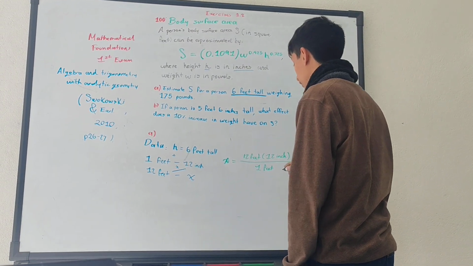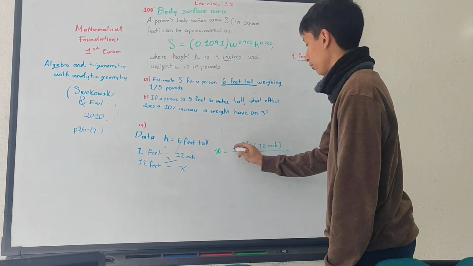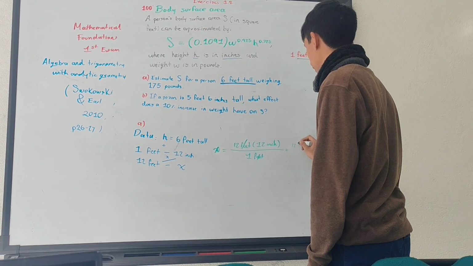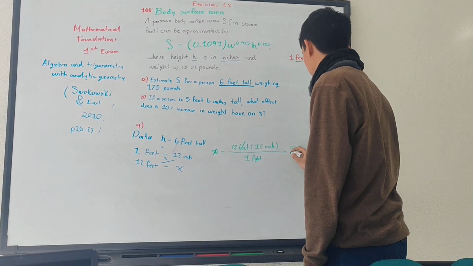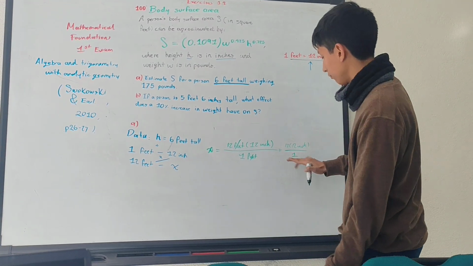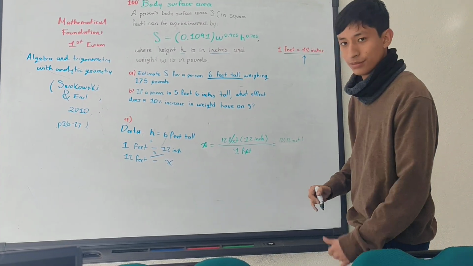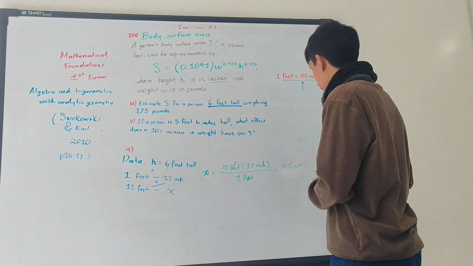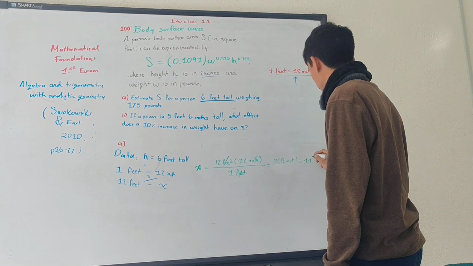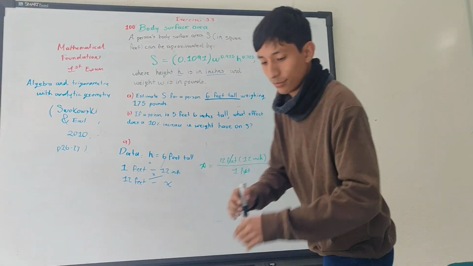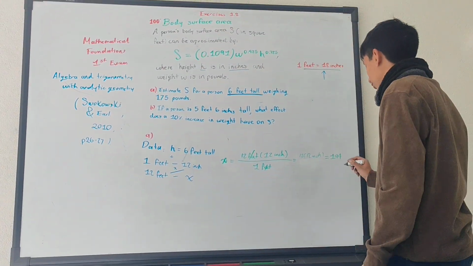And like in the other problem, our units will be simplified, and 6 times 12 inches divided by 1, which doesn't matter because it is divided by 1. So this should be 72. Let me look at that because, yep, I'm right.